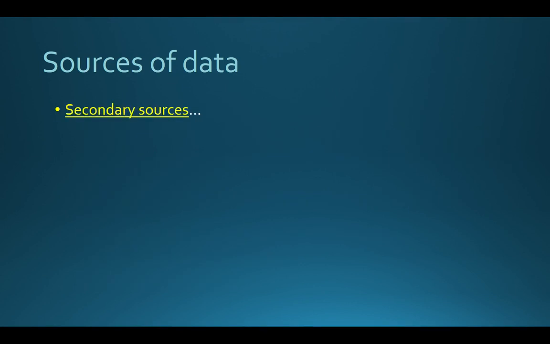But we also have secondary sources, and secondary sources can also be useful for us. They use data from other sources to do their own analysis. So read that again. If you are a secondary source, then you used data from other sources.